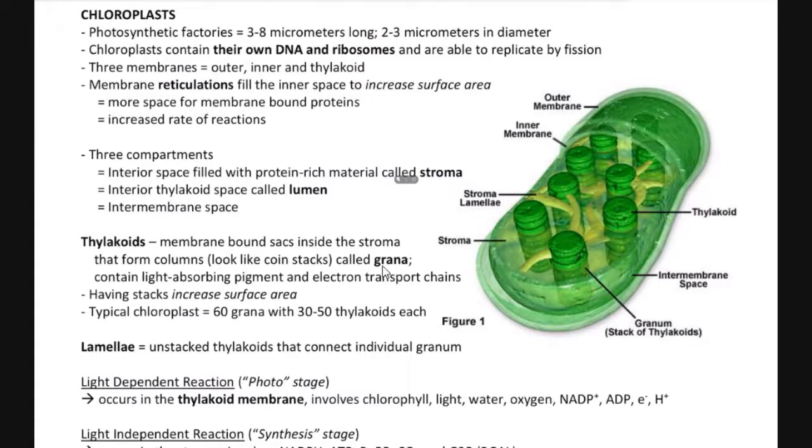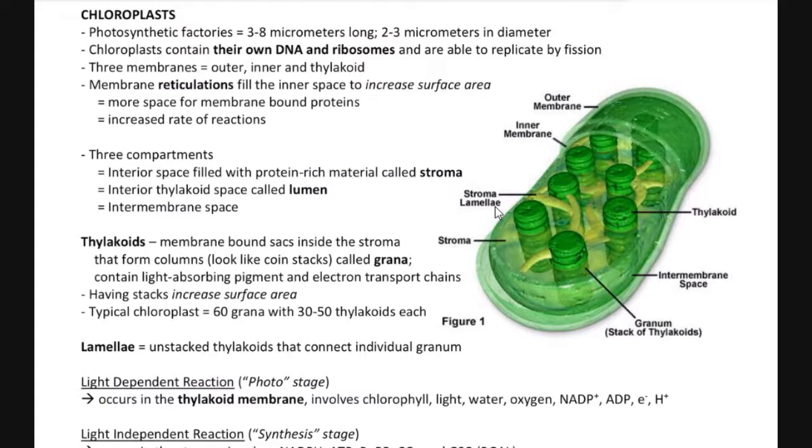The grana or granum are the stacks of discs. And then you can see that they're joined by this, I don't even know what that looks like. It looks like a parasite. It looks awful. But this little thing here that joins them is called the lamellae, however you want to say it. If it's A-E, that's the plural. If it's just A, that's the singular.